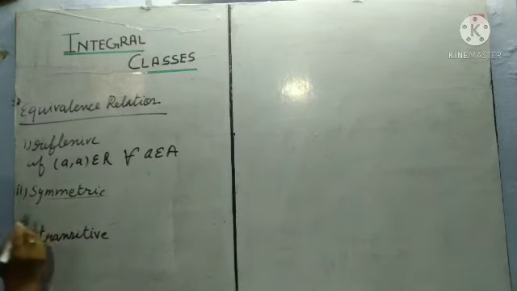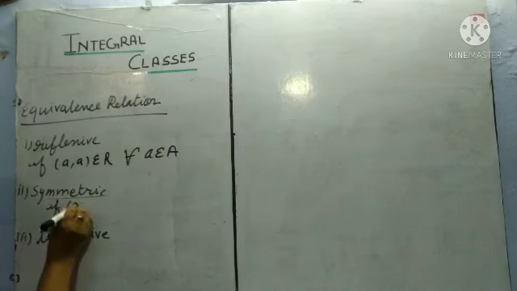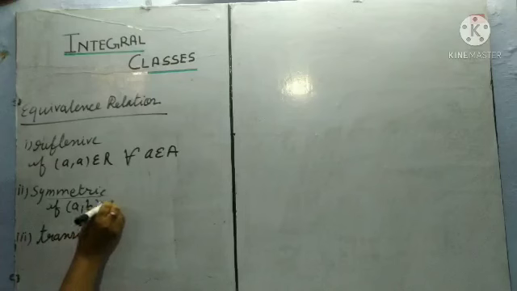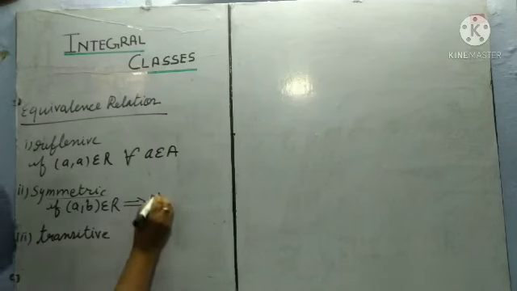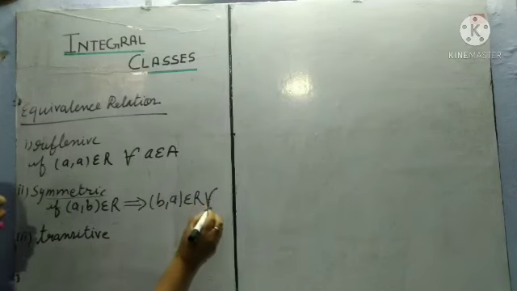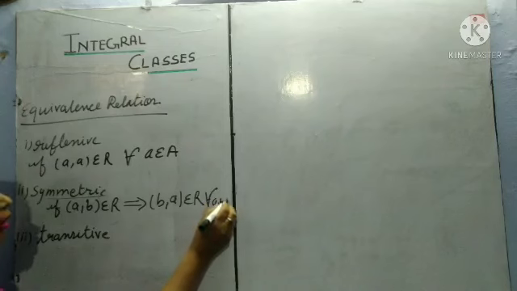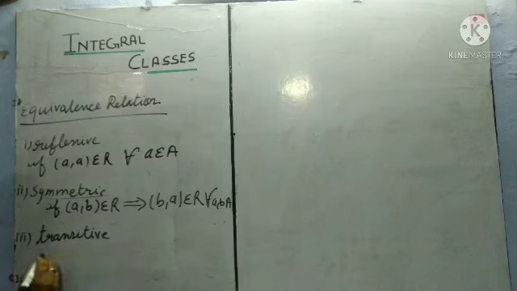Now for symmetric, if (a, b) is an element of R, it implies that (b, a) is also an element of R for all a, b in A.